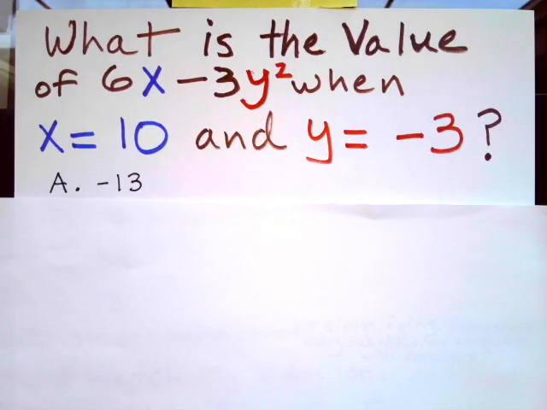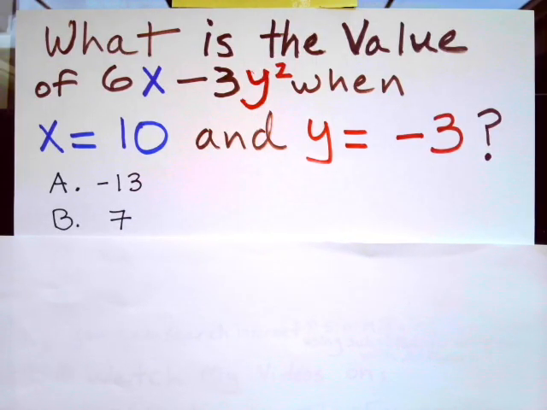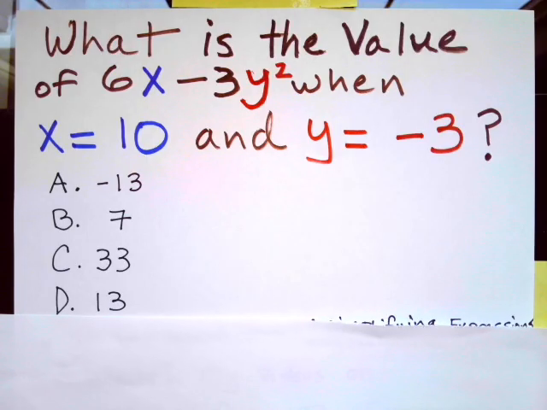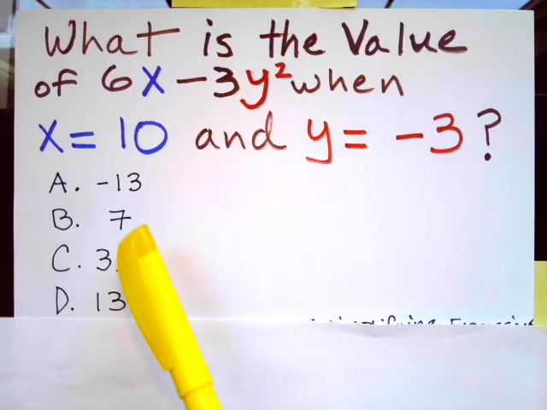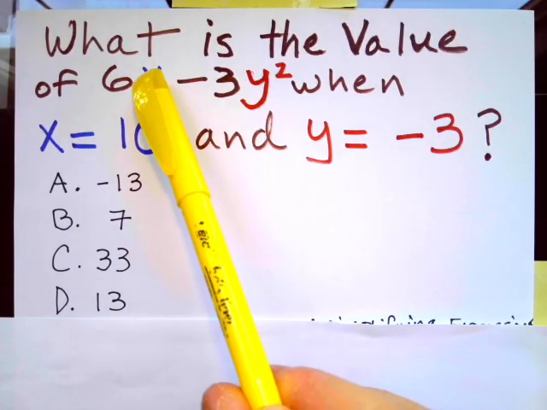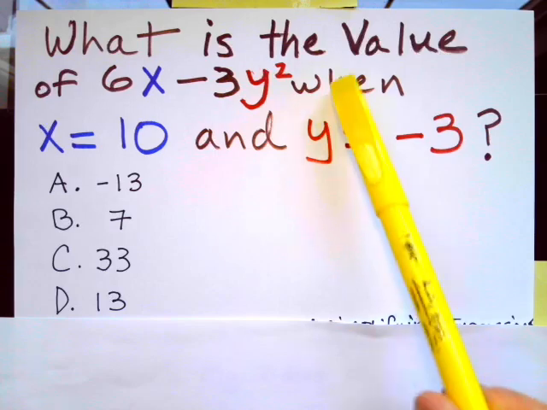A, negative 13. B, 7. C, 33. Or D, 13. So here in this particular problem, you're going to want to substitute the value of 10 for x everywhere you see x.